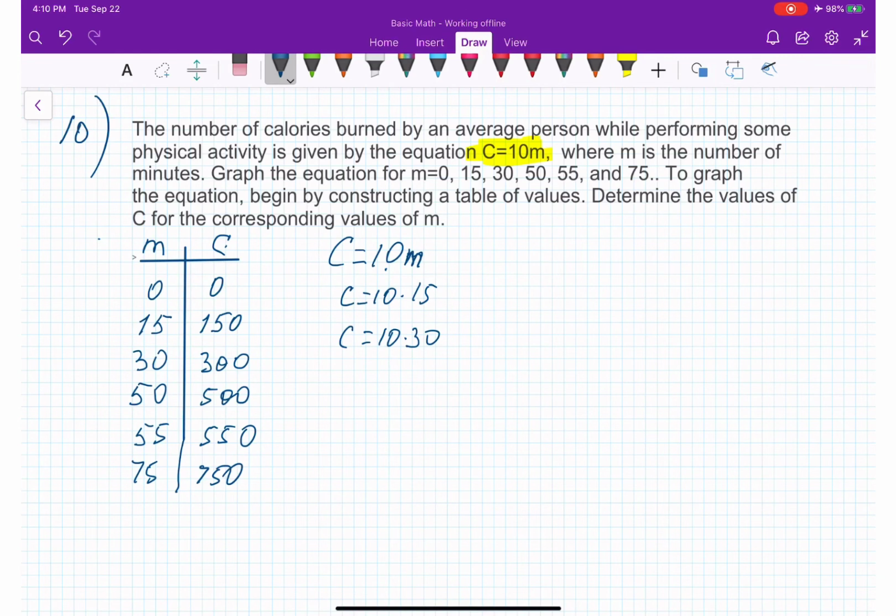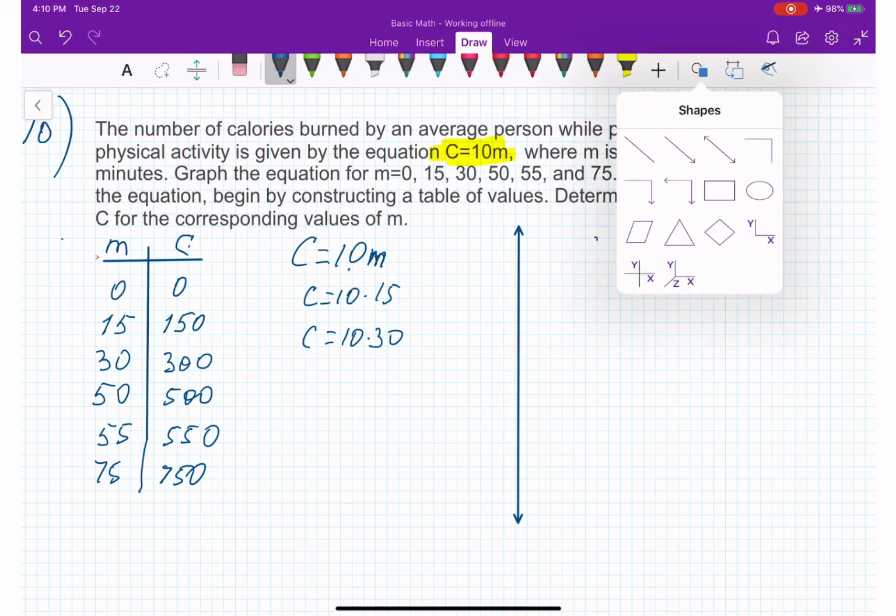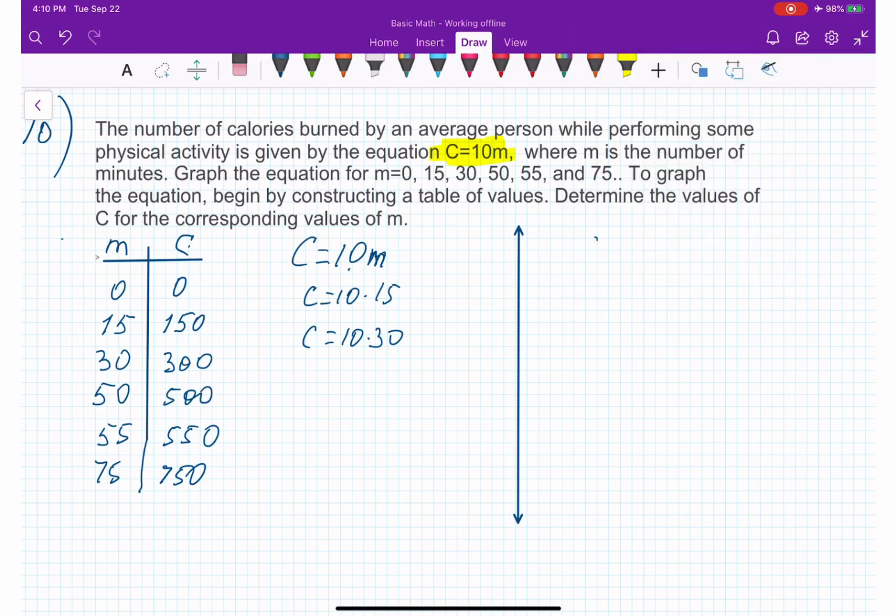Okay, now let's build the graph by points. So what do we have? Here is going to be our m, because m is given, right?